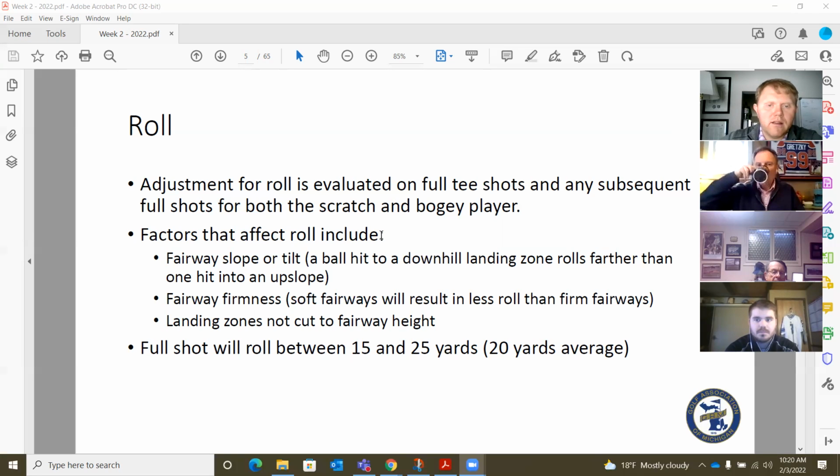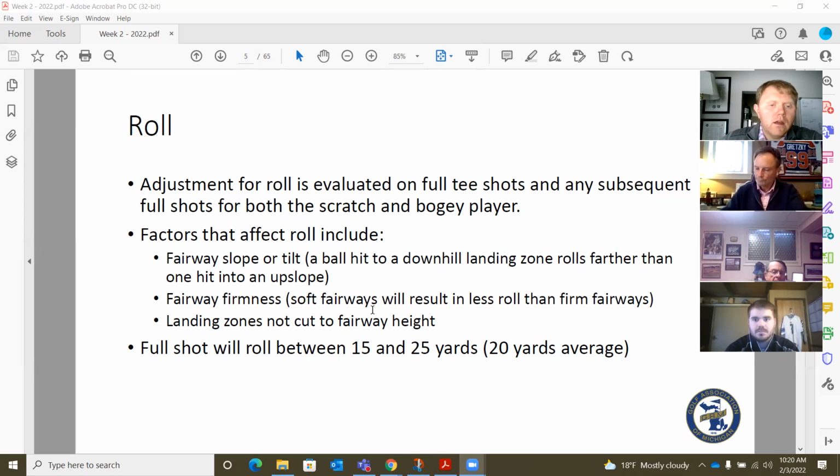Those are all things that we would look at, but again, we don't want to evaluate 100% only on the day that we're there. We want to look at over the course of 10 years, is this firm or soft from a longer term perspective.